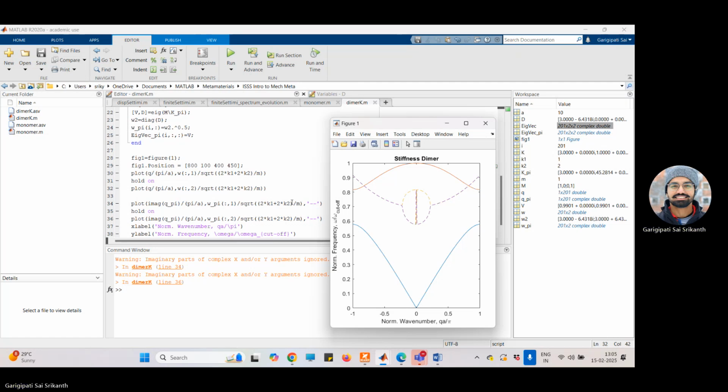However, see that this is a mess. Surely there are things wrong.